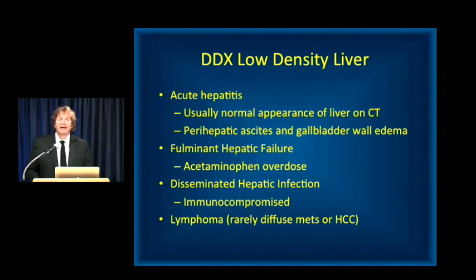Patients with acetaminophen overdose, you get acute fatty infiltration or acute low density in the liver, and that's really, in a sense, infarction. We talk about infection. We talk about lymphoma occasionally. And we should mention that almost any tumor at times can be infiltrating, but usually it's not going to be a difficult diagnosis. Lymphoma at times can indeed be very tricky.